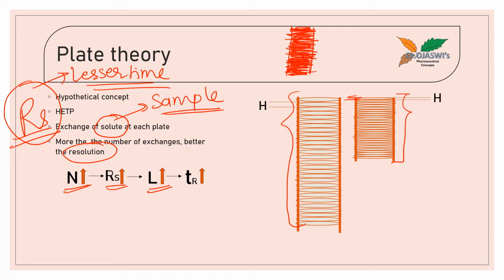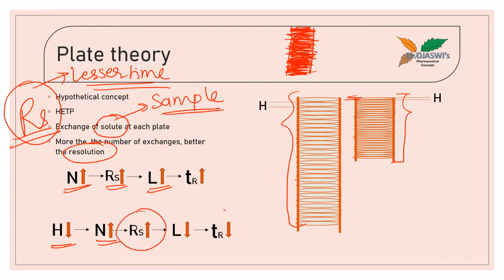The height of each plate I have reduced, so that has now increased the number of plates. Of course that increases resolution, and since height is reduced, the length of the column is also reduced and retention time is also reduced. So I have achieved good resolution in lesser time.